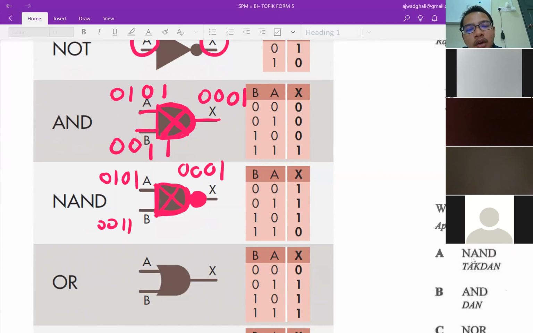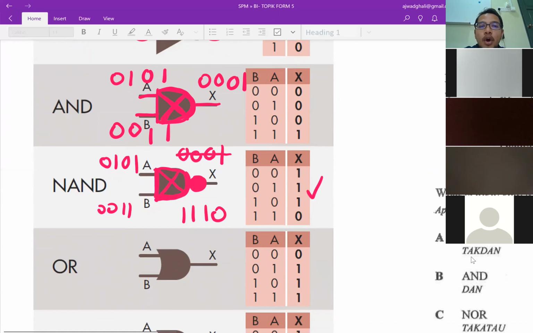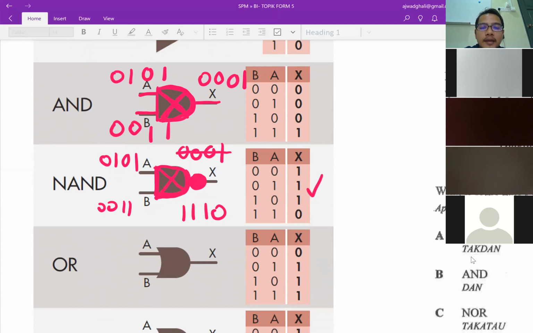So you make it NOT: 0 becomes 1, 0 becomes 1, 0 becomes 1, 1 becomes 0. So this is the output. Okay. So you don't have to remember NAND. You need to remember AND. If you remember the output for AND, you NOT the output for AND, you get NAND.